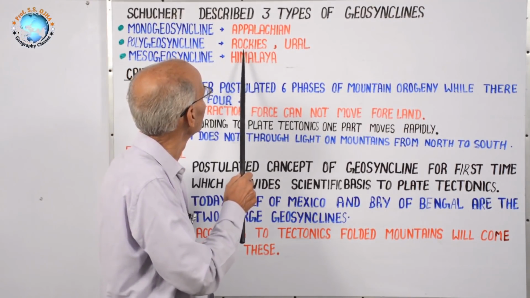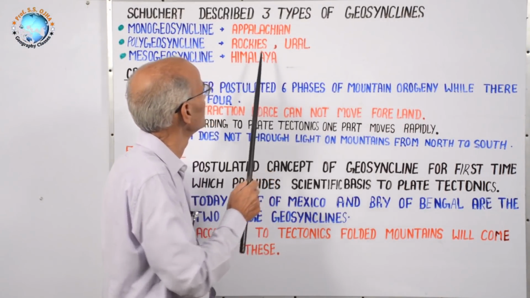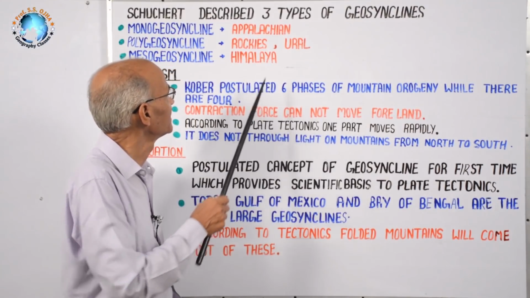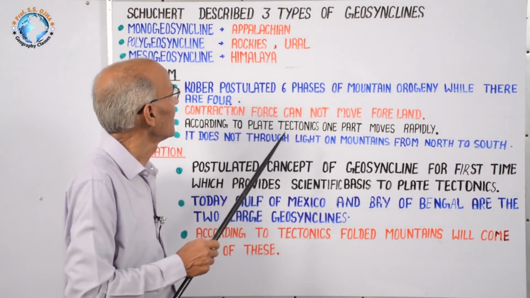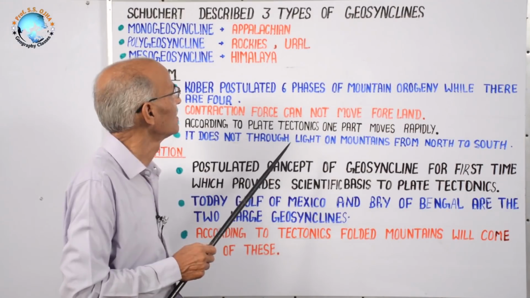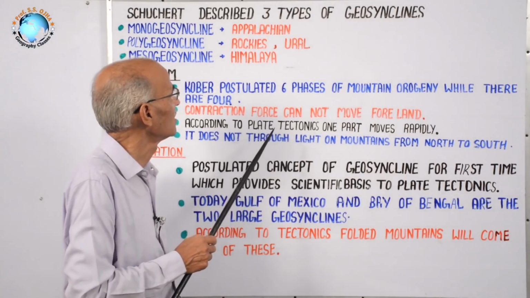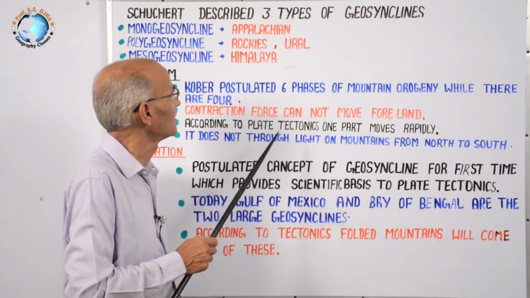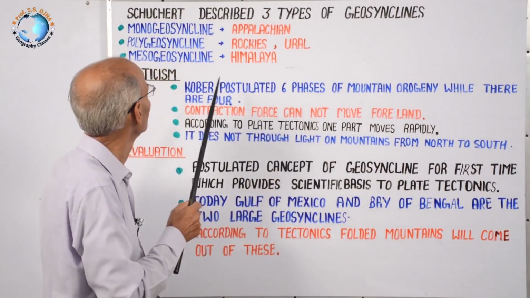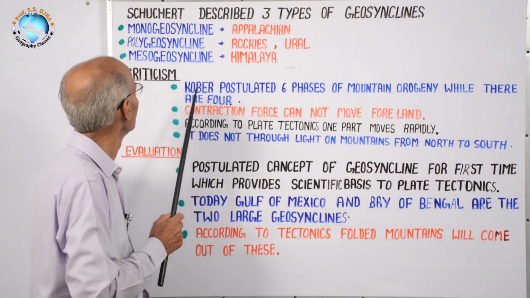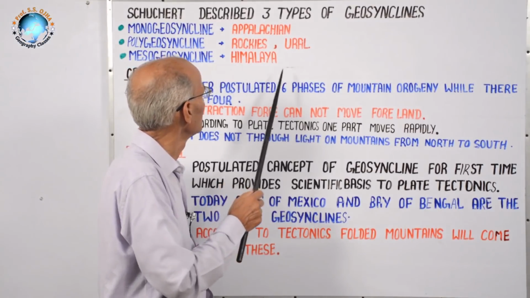For example, here the Rockies. If you see the map of Rockies and Andes, there are three parallel ranges in north-south direction, and those in America are called cordillera in Latin language. For example, Cordillera Oriental, Cordillera Real, Cordillera Occidental. In the same way, Ural is also an example of polygeosyncline. Then last is mesogeosyncline, the best example of which is the Himalayas.